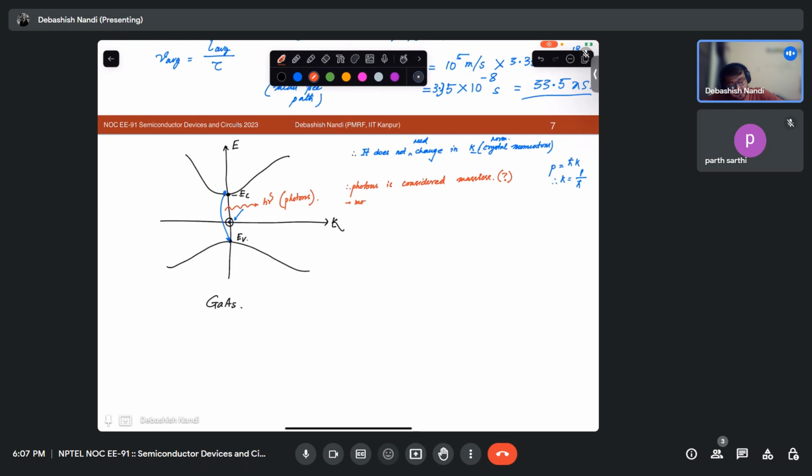So momentum is zero, or momentum change is not required, right? So this is called a direct band gap, and these are used for LEDs, light emission.